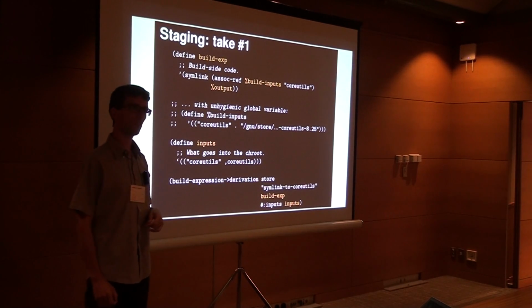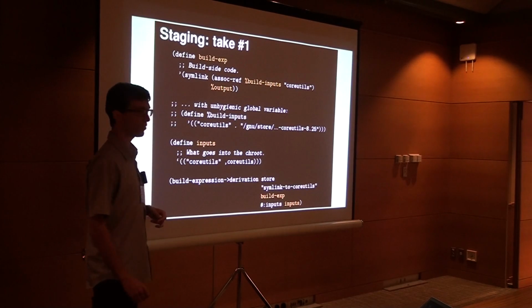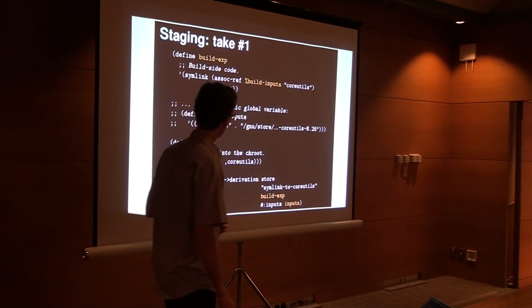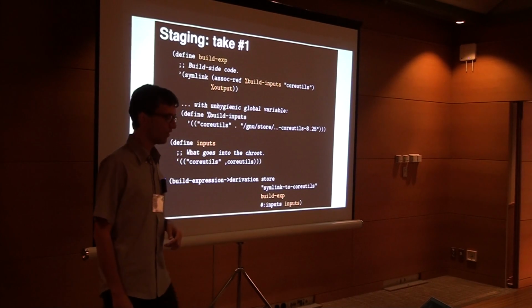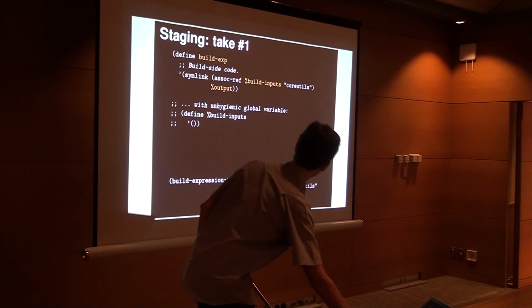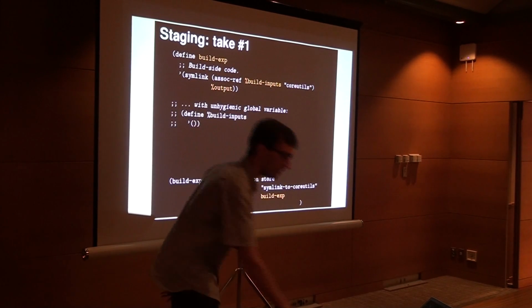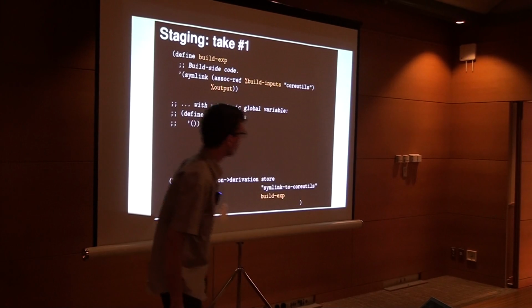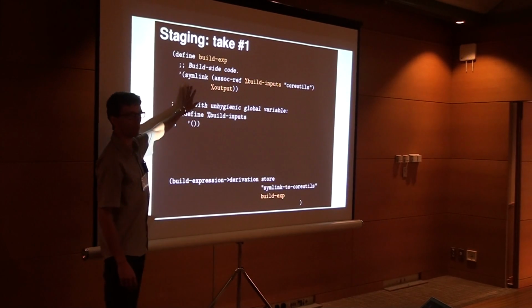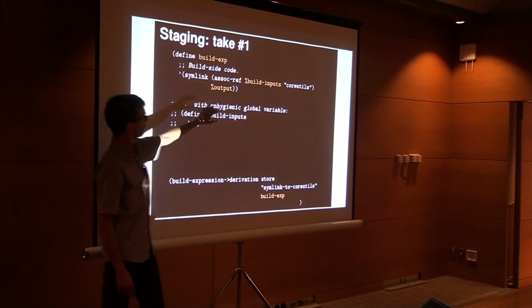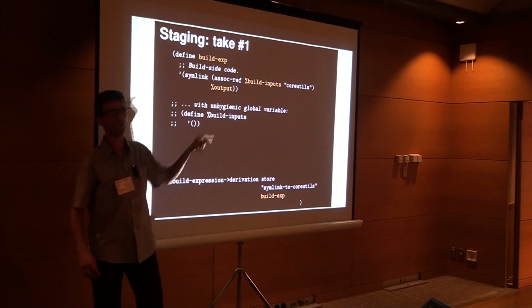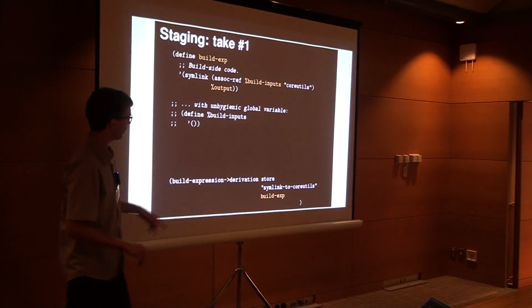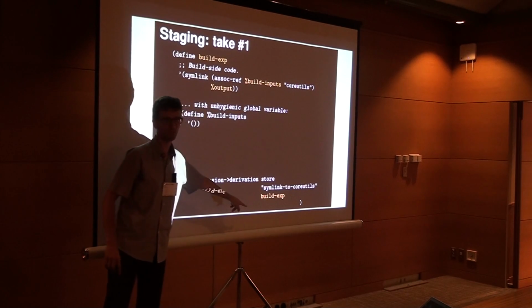So it does the job, but it's pretty cumbersome and verbose, so not great. On top of it, it's actually error prone. Suppose you forget to pass those inputs down here. You still have your build expression up there that refers to something, except that this assoc-ref is going to return false because I forgot to pass the coreutils input down there.